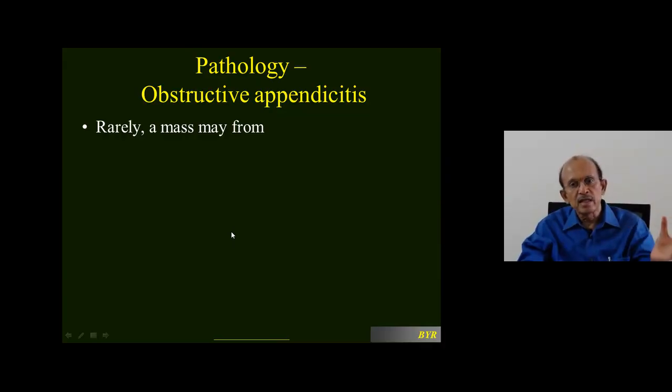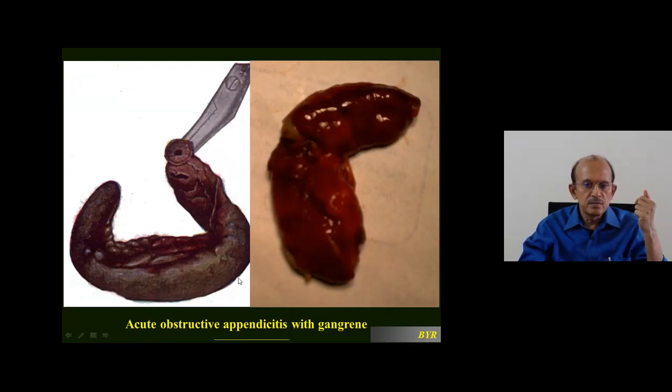Before the intestines come and glue there, before the omentum comes and wraps there, perforation occurs because of overdistension. Whenever distension is more, there is more chance of gangrene and perforation, leading to acute generalized peritonitis.